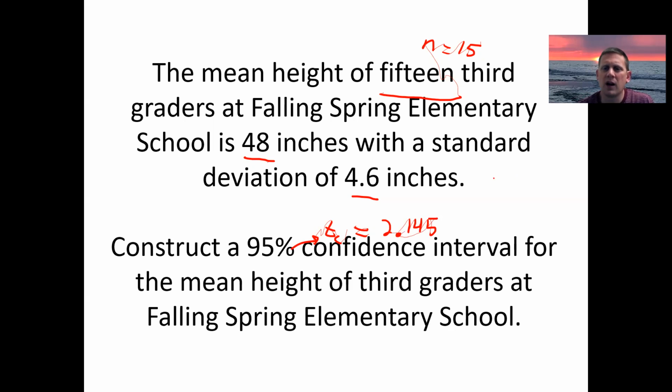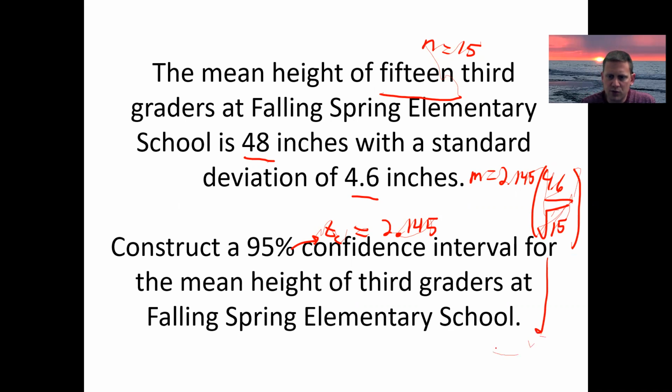So now we can find our margin of error. 2.145 times our standard deviation of 4.6 over the square root of 15. If we calculate that with our calculator, 2.145 times 4.6 divided by the square root of 15, you get our margin of error of 2.55.